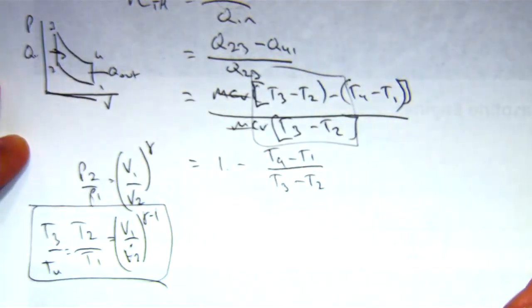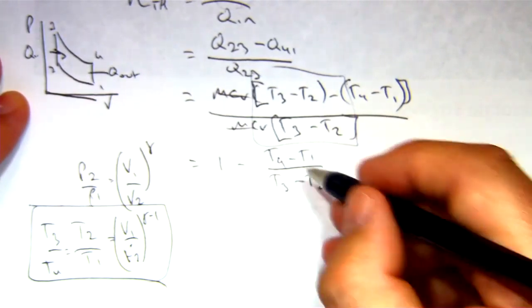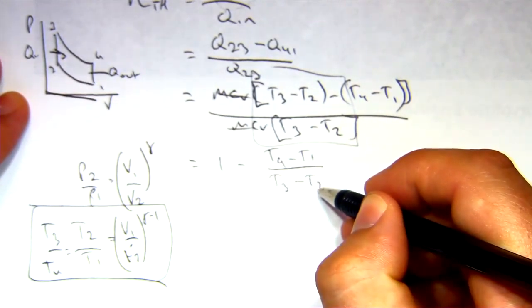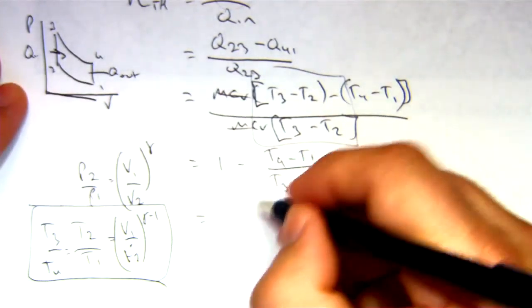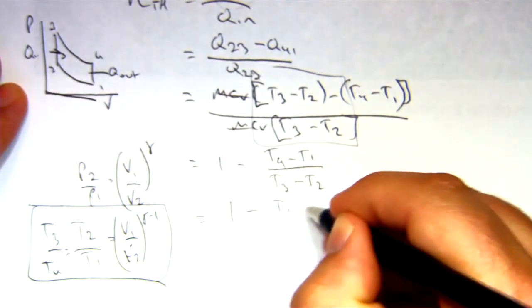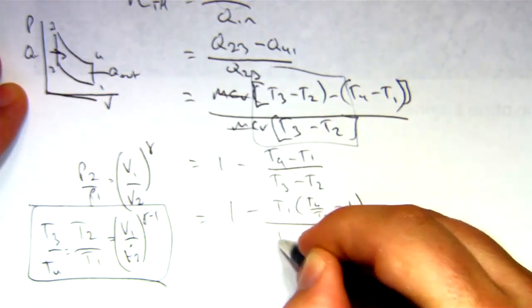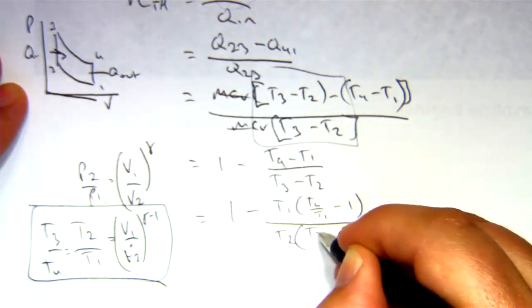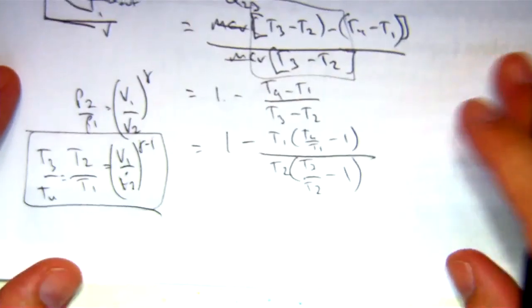This will be our saviour. So what we're going to do up here is divide through by T1 and divide through by T2. So what I'll be left with is 1 minus T1 times (T4 on T1 minus 1) over T2 times (T3 on T2 minus 1). Almost there, just before the magic trick.